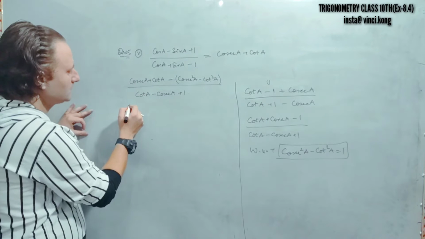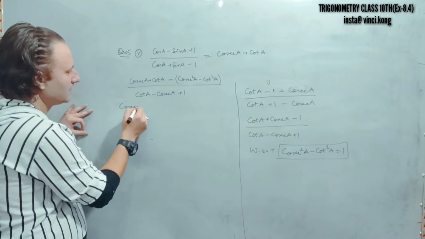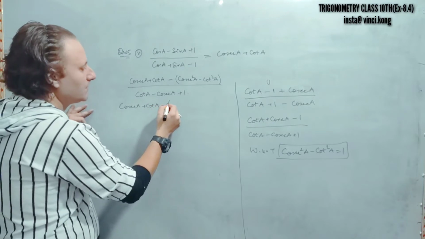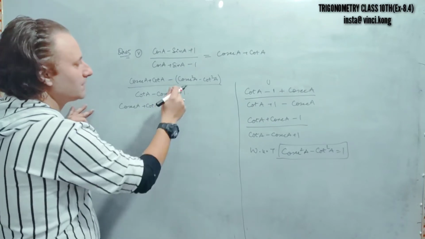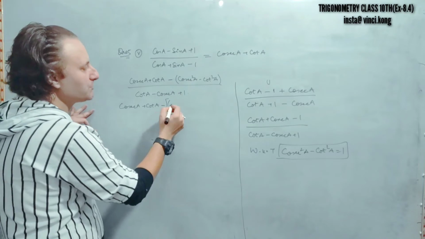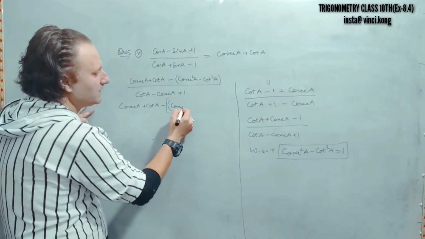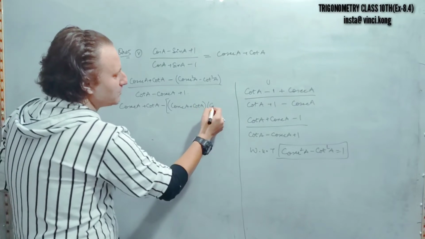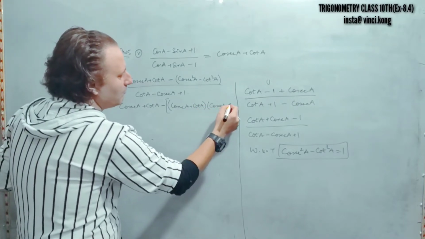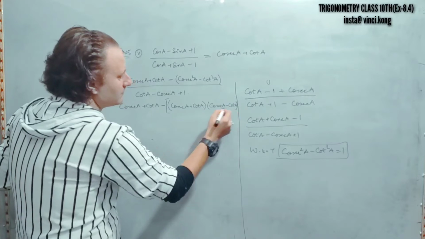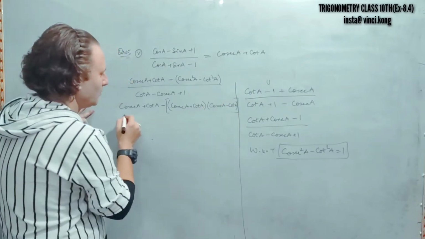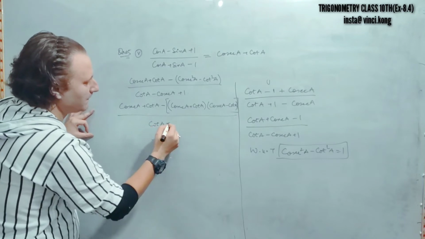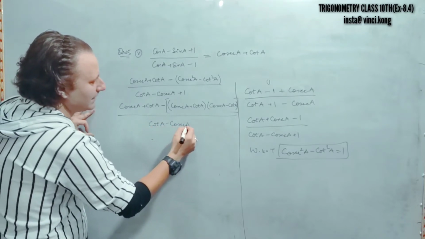Now this is cosec A plus cot A minus, if you see, this is A square minus B square, so that is A plus B, cosec A plus cot A, and then A minus B, cosec A minus cot A, whole divided by cot A minus cosec A plus 1.